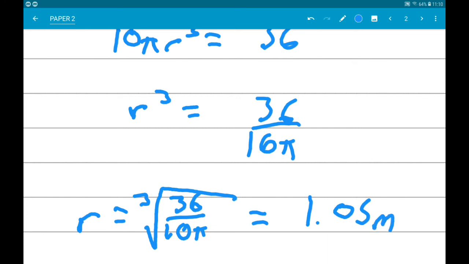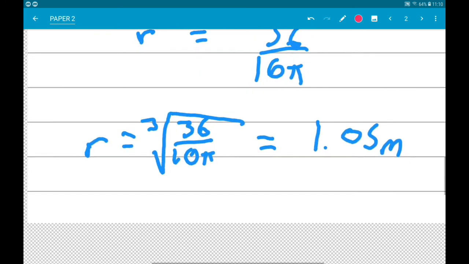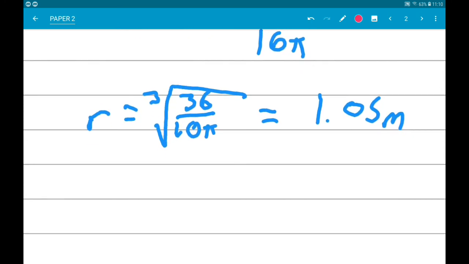Now, sometimes these questions also want us to check that this would give a minimum. The way that we can do that is by finding the second derivative.